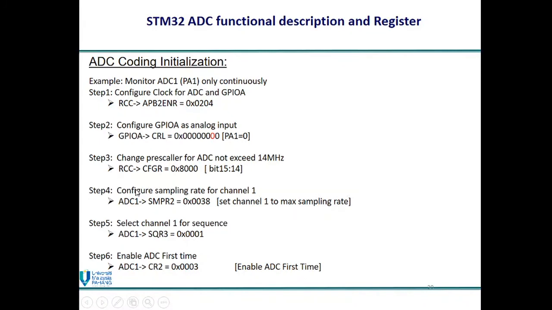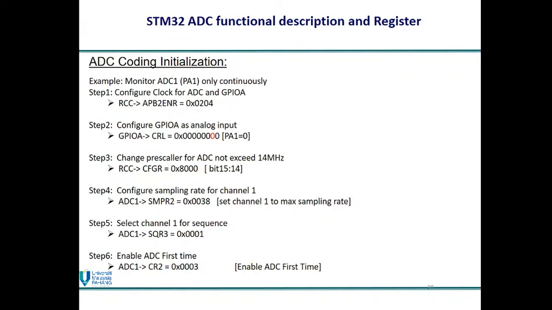Then step 4, configure the sampling rate for channel 1, and we set channel 1 to the maximum sampling rate. Then we select channel 1 for the sequence in the ADC1 SQR3 register, and then we enable the ADC for the first time.